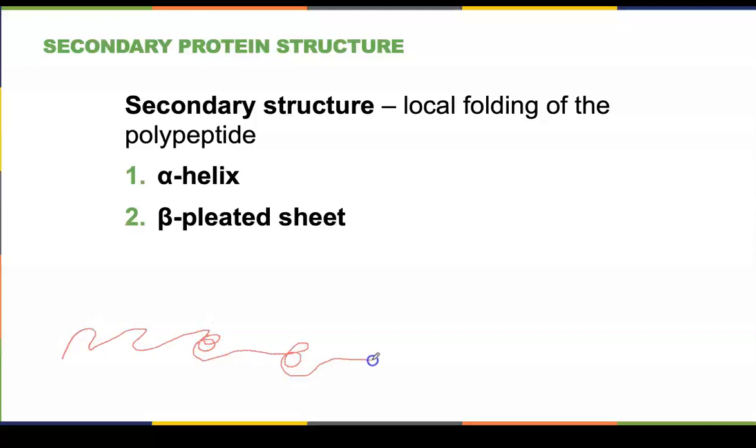So what we're doing here is just giving names to particular sections that happen to have similar shapes. Here, here, and here, there's a similar shape we might give a name to. And as it turns out, there are 2 common repeating shapes in proteins. These are called alpha helices, or singular alpha helix, and beta pleated sheets.